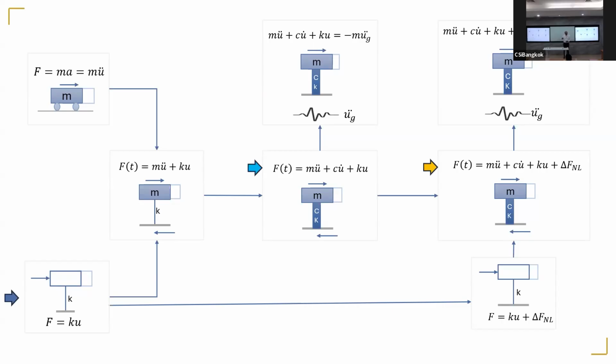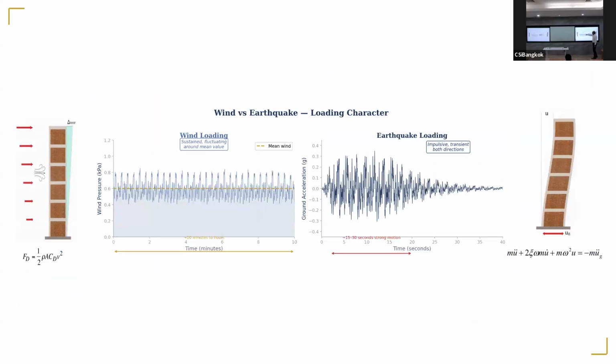And there are things like structure-wind interaction, aeroelastic effects, and many things which are even beyond this one. So that's the reality. For very tall buildings, very flexible buildings, people have to do all those things. Okay? The codes, as I've said, do something like that. So this could be like 10 minutes to hours, this one.